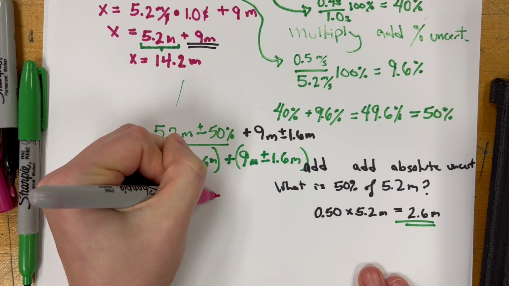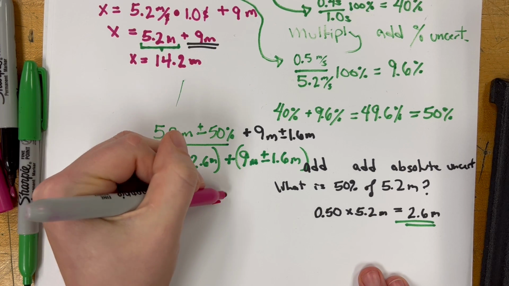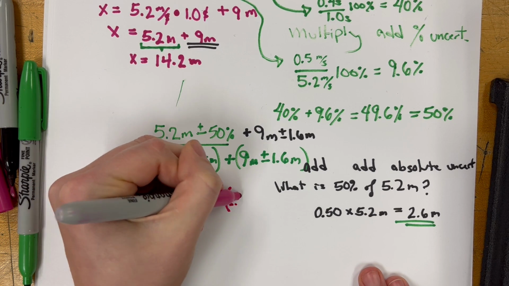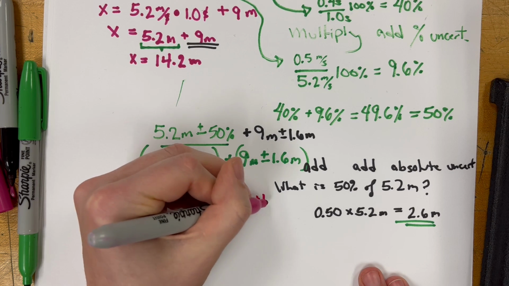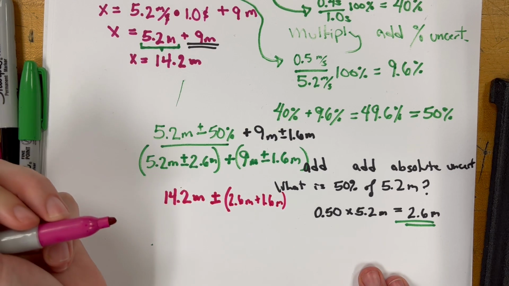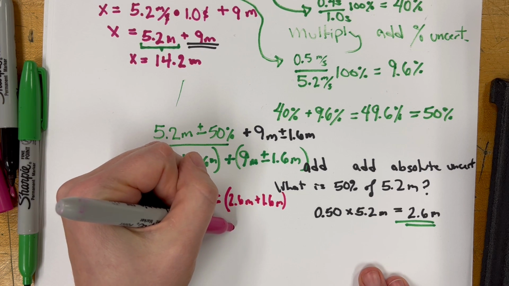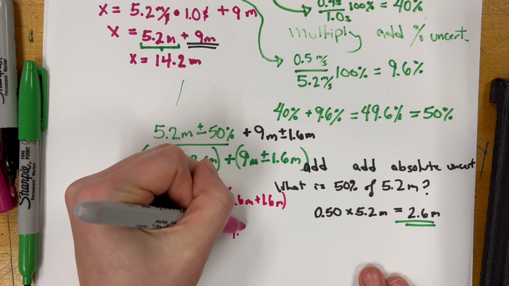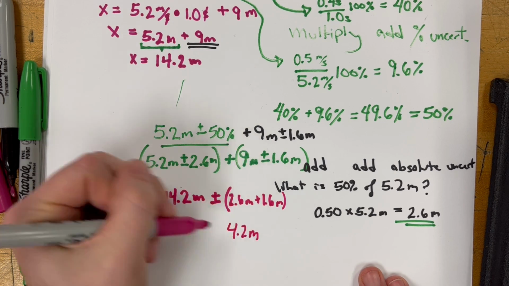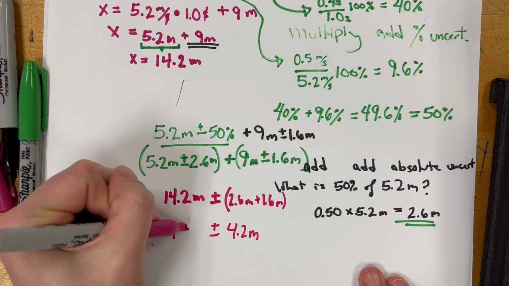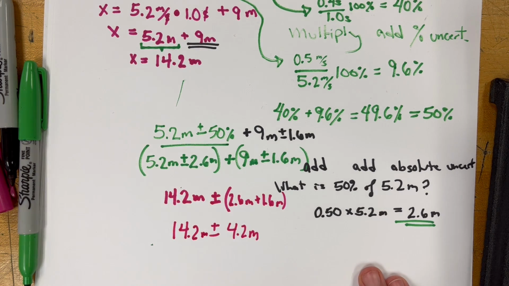And then the uncertainty is going to be these two values added together, 2.6 meters plus 1.6 meters. And here's where we say addition in our head again, or with a calculator, either one is fine, gets me to 4.2 meters of uncertainty. So 14.2 meters. And so I have my final answer here.